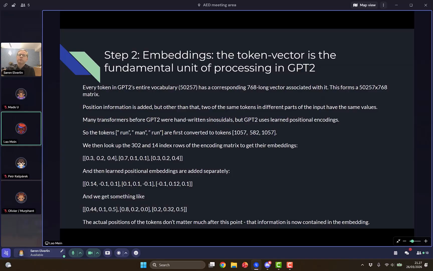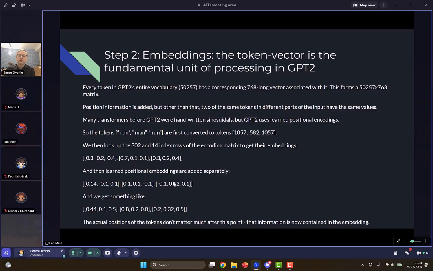What actually happens is you take the token value matrix, and you pull out the 1057th row for "run", and you see the two runs have the exact same token embedding here, but the positional embeddings are different for the two of those. That's how the model distinguishes between two instances of the same token.